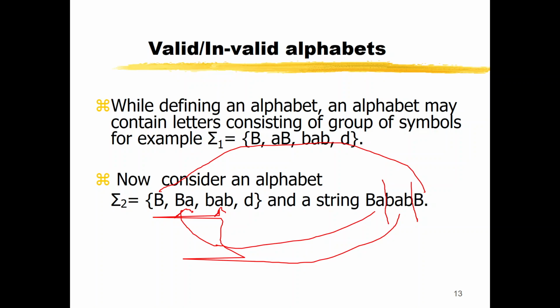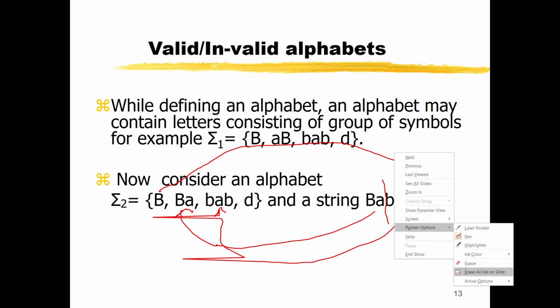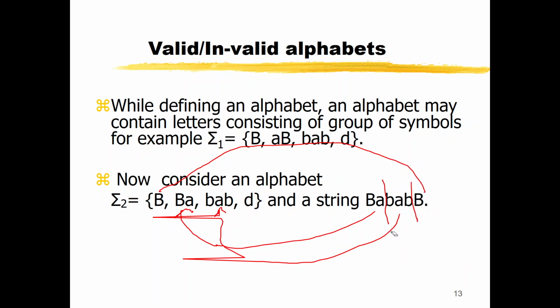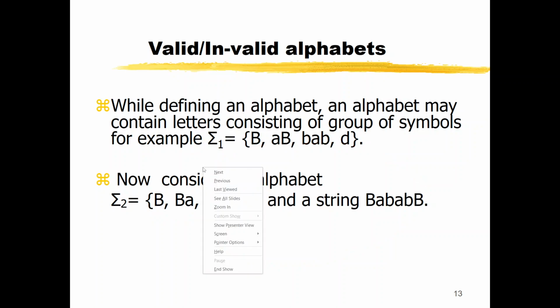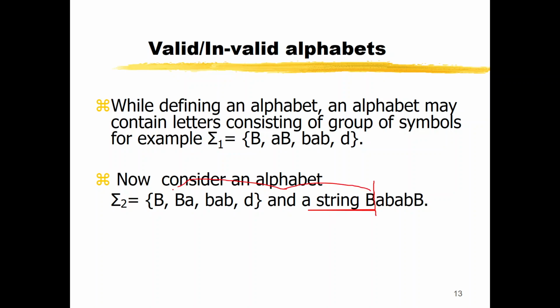However, there can be another meaning for this as well. If you break it down like this, B, this is identified here. However, the rest of the string is not identified. So we have this ambiguity.